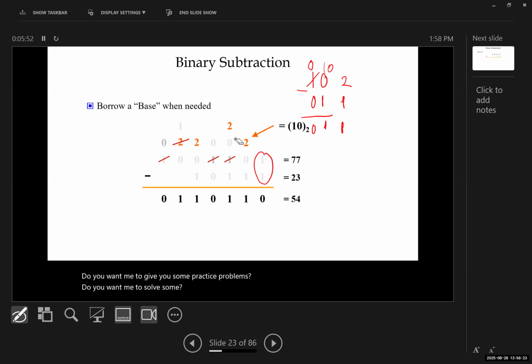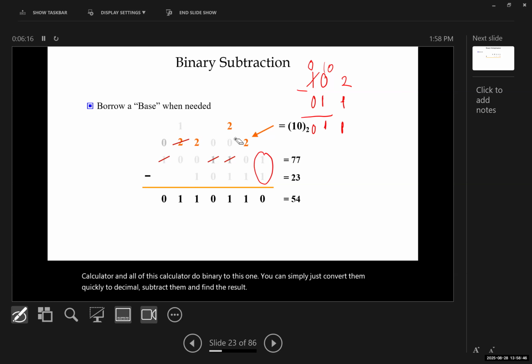So if you see this in your FE exam, the easier way to do it is that you're allowed to take your calculator, and all of these calculators do binary to decimal. You can simply just convert them quickly to decimal, subtract them, and find the result.